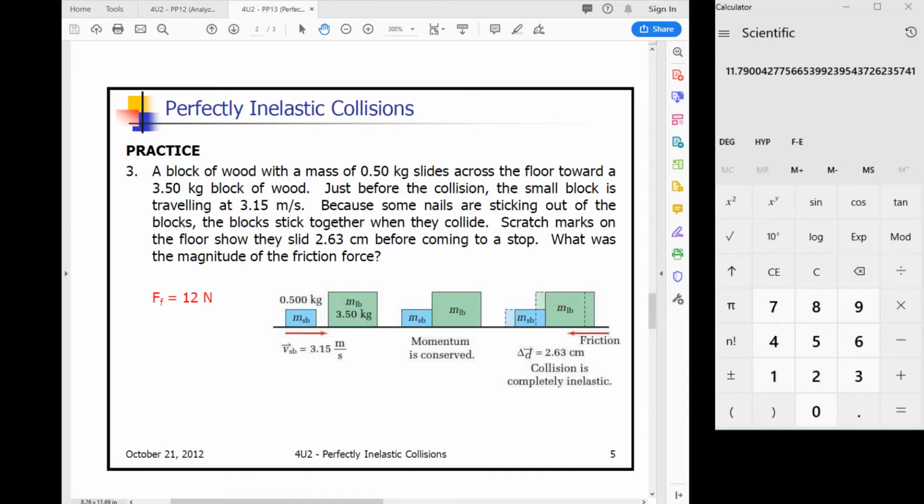So your answer should be reported as 12 newtons if you're taking your information from the question, and it's going to be reported as 11.8 newtons if you take the values reported in the picture. I will not make a mistake like that on a test, so don't worry about that, but please make sure you're following the significant digit rules as you do all of the tests and quizzes in this course.